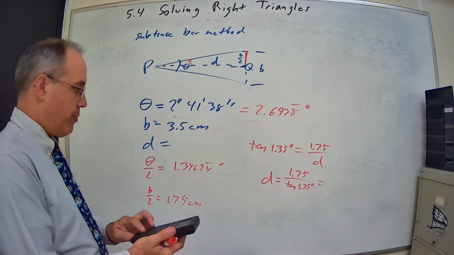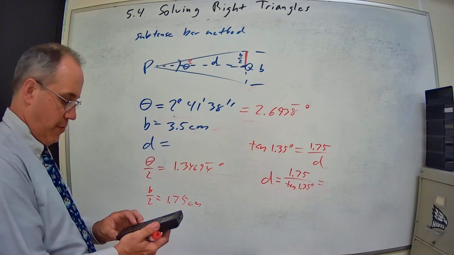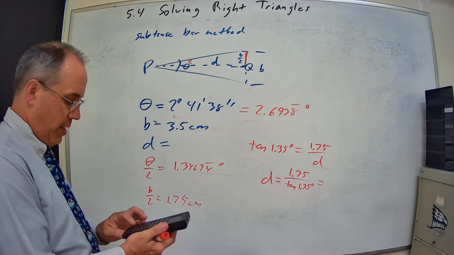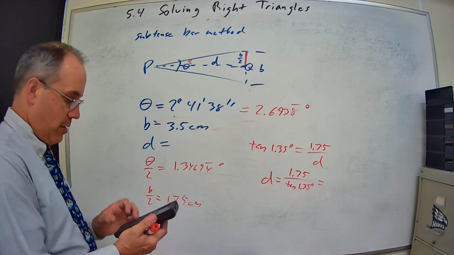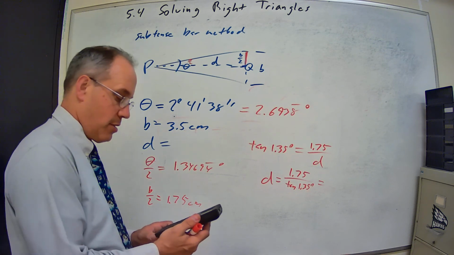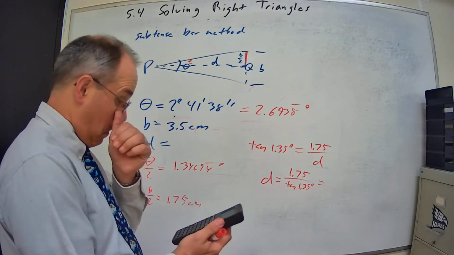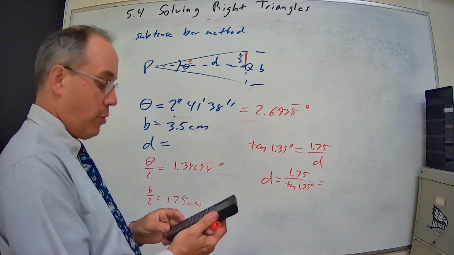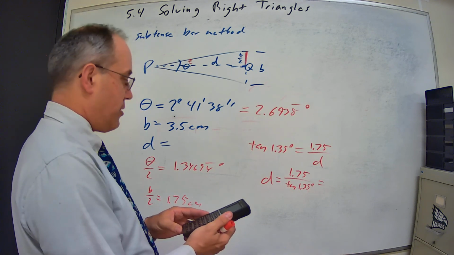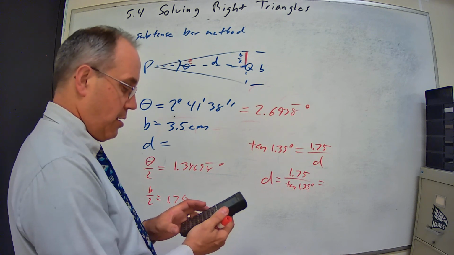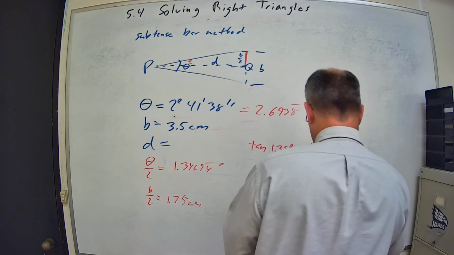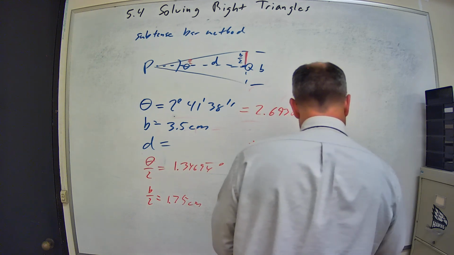So 1.75. The tangent of 1.35 degrees is approximately 0.023566 approximately. And so I'm going to divide, and I get 74.25856, dot, dot, dot.